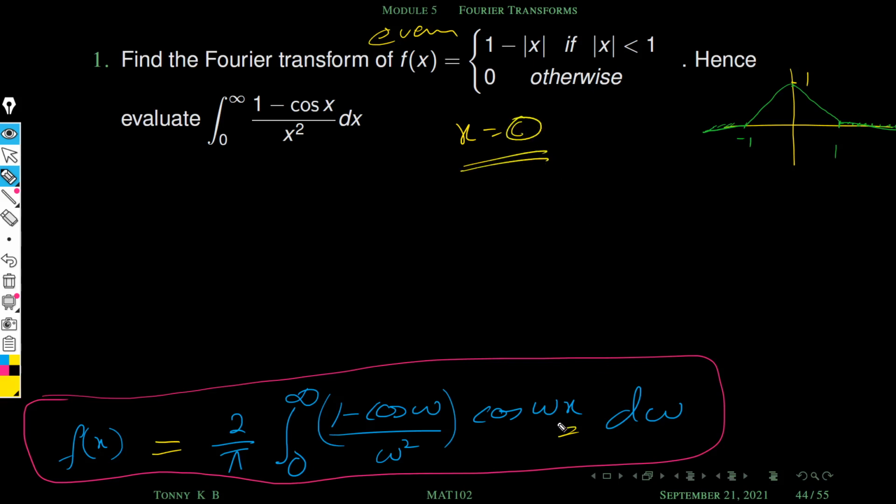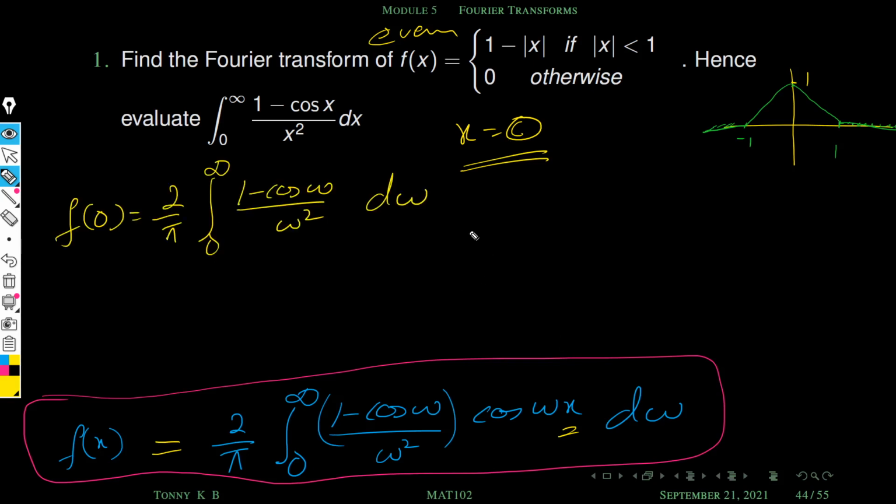You substitute x equal to 0, this portion is almost similar to this integration. So you simply substitute x equal to 0 throughout. So what happened? F of 0 equal to 2 by pi, 0 to infinity, (1 minus cos omega) by omega square. When x equal to 0, this term is 1. So d omega.